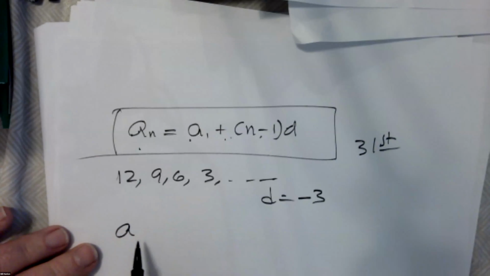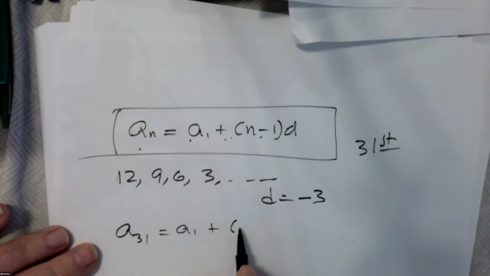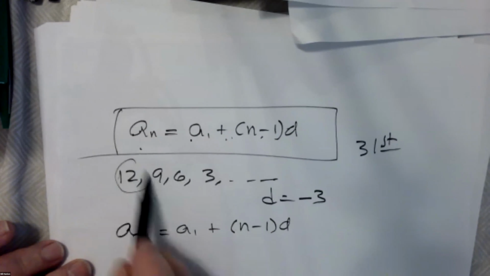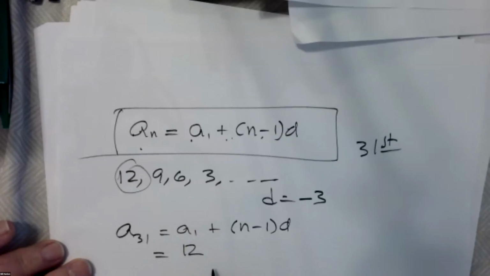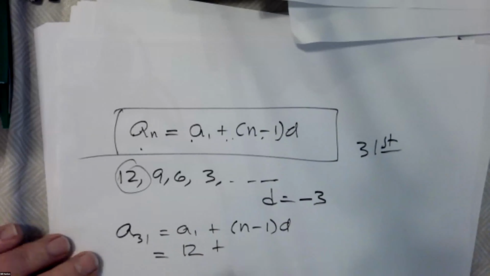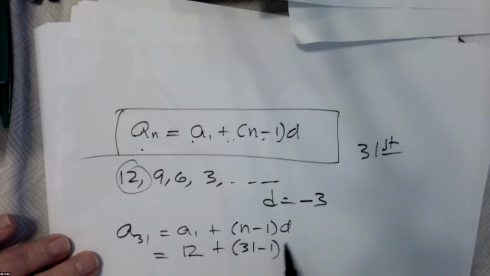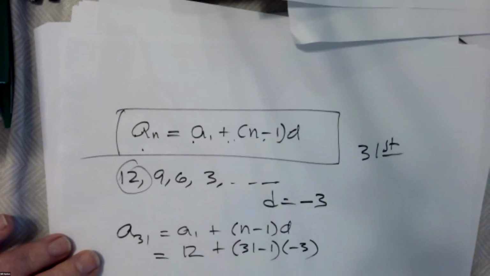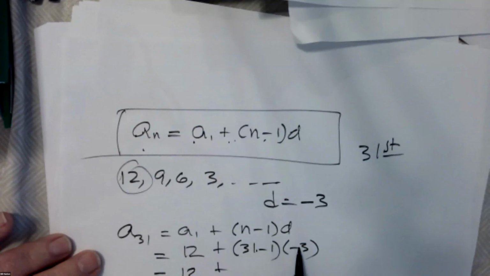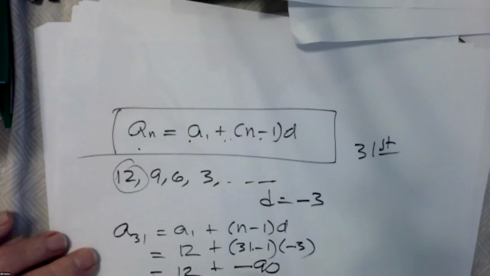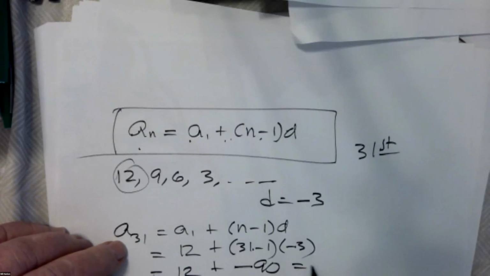I have A sub 31 equals A sub 1 plus n minus 1 times D. So what is my A sub 1? It's the first term, which is 12, plus 31 minus 1 times the common difference of negative 3. So this is 12 plus 30 times negative 3, which is negative 90, and 12 minus 90 is negative 78.